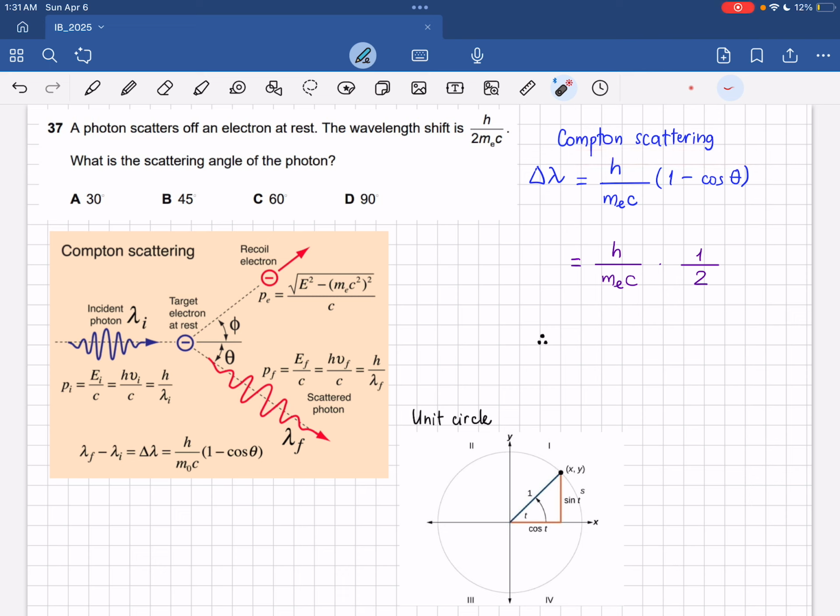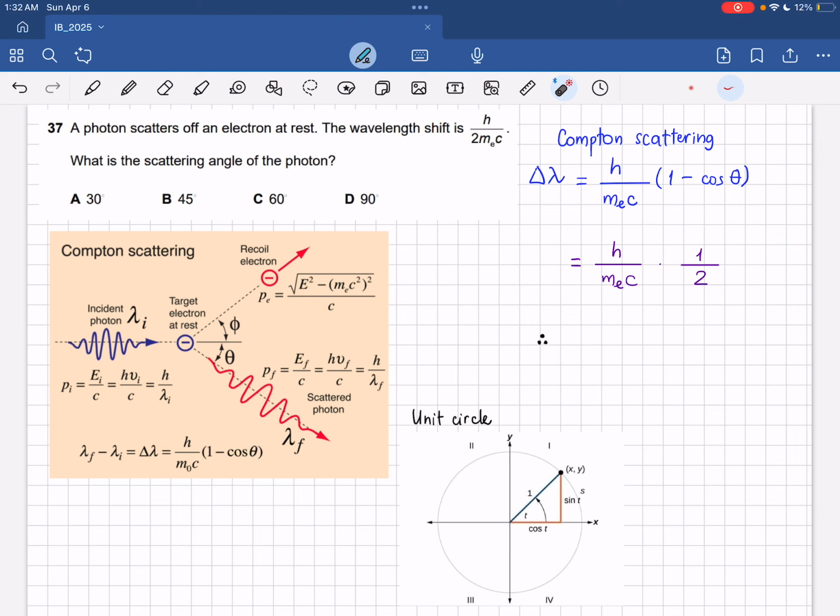Before we do the math, let's review really quickly what Compton scattering is. We see light here as a particle as well. It's a photon, a very special particle that is massless. The mass is equal to 0 for light, but it still has energy.